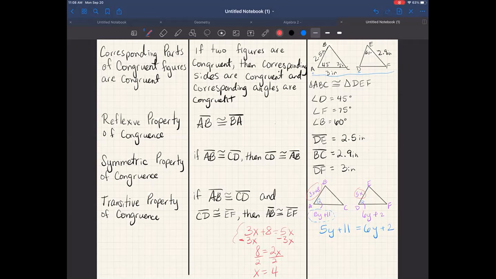No. So my triangle over here says that this segment is 3x plus 8, and this segment is 5x. Now they're the same side, meaning they're equal to each other. So I just write 3x plus 8 equals 5x. But how do you know they're equal to each other? Because they're congruent. I didn't write it, but yes, they would say they're congruent.